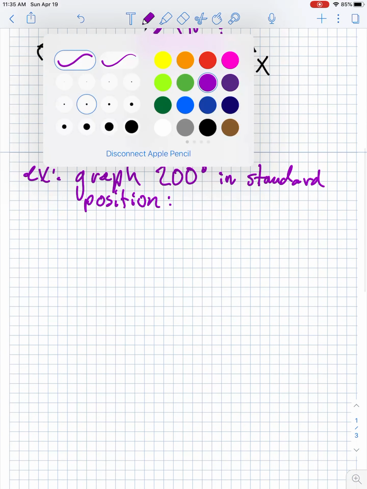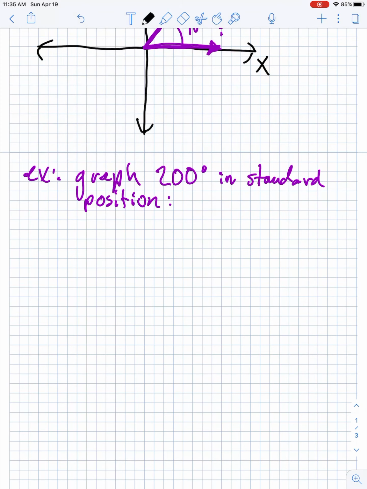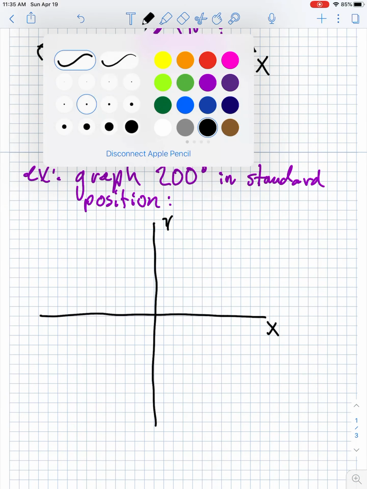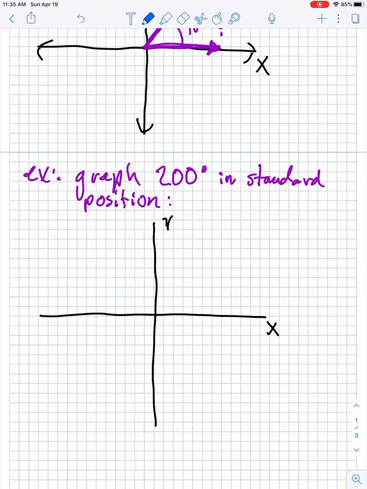Once again, you would start with your X and Y axis. Here's your X, here's your Y. And then let's go blue this time. It would start on the X axis. They always start on the positive X axis, and then they rotate counterclockwise from there.